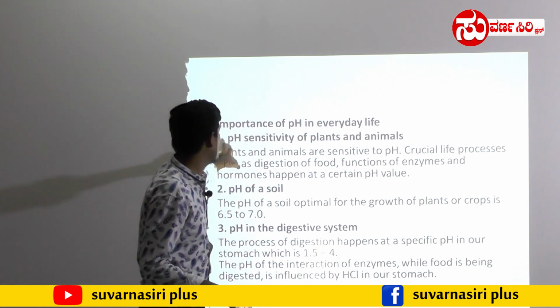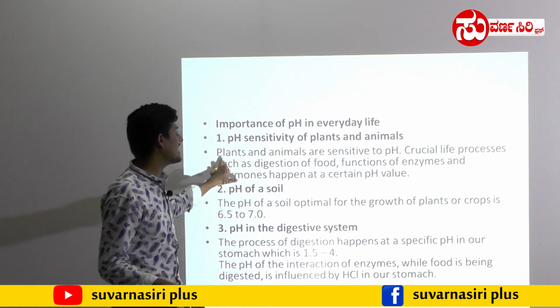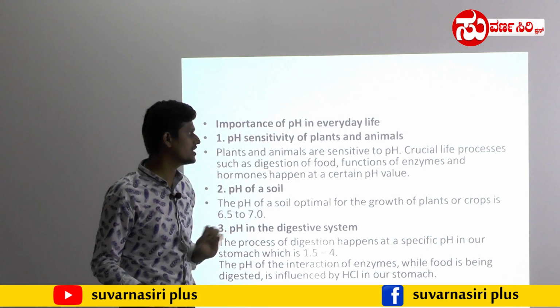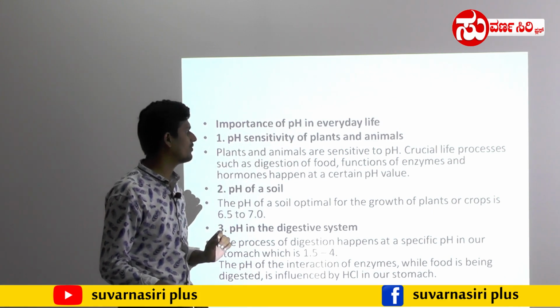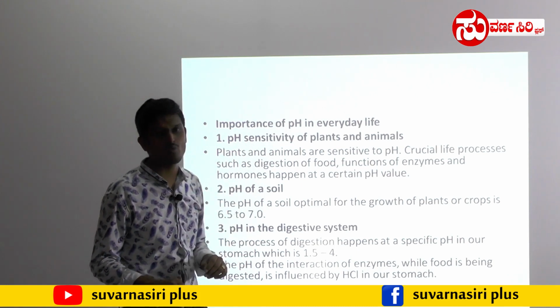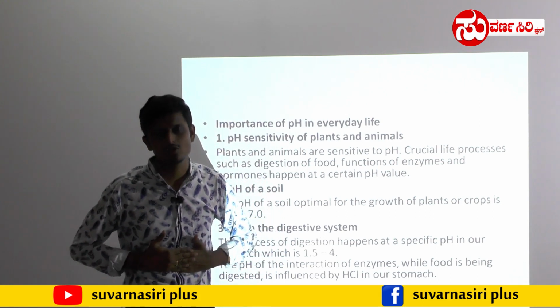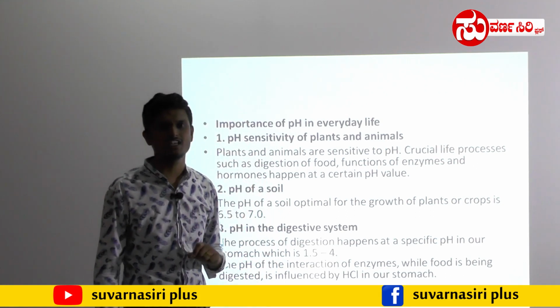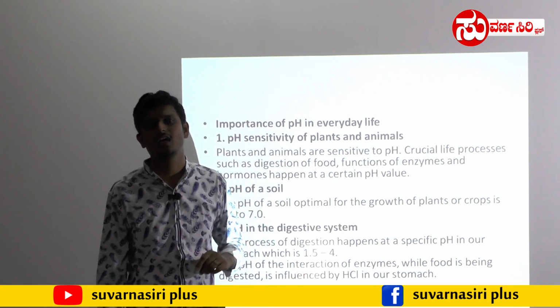So first, pH sensitivity of plants and animals. Plants and animals are sensitive to pH. Crucial life processes such as digestion of food, and the function of enzymes and hormones, happen at a certain pH value. In our stomach the gastric juice present is hydrochloric acid, dilute hydrochloric acid.